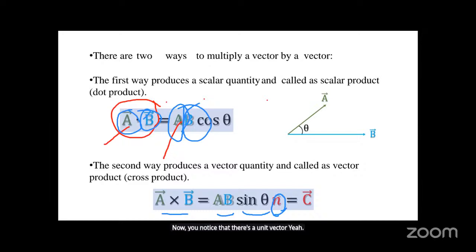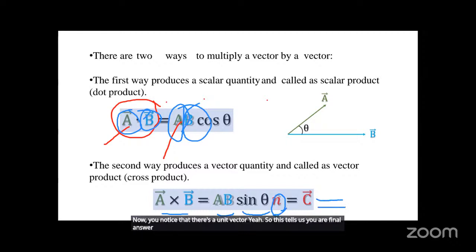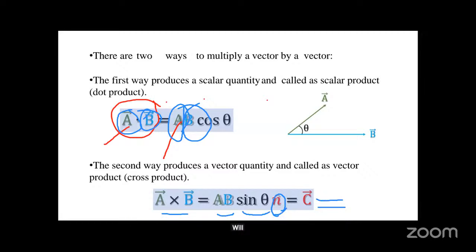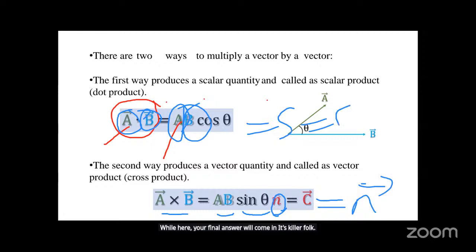So this tells us that your final answer, when you use this method, will come in a vector form. While here, your final answer will come in a scalar form, just a number.